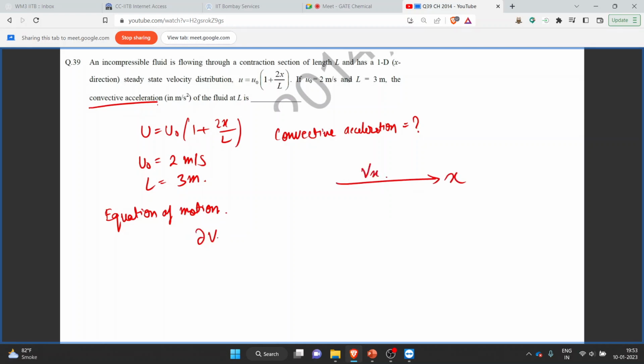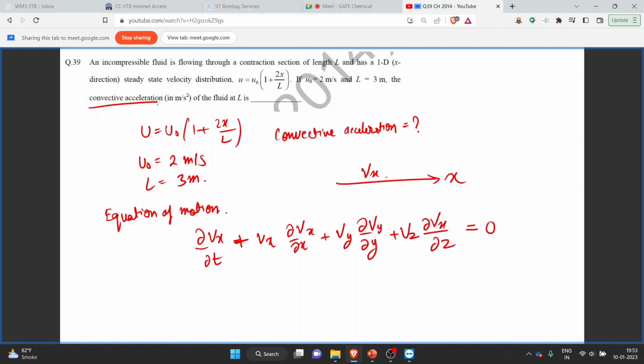We can write it as del Vx upon del t plus Vx del Vx by del x plus Vy del Vx by del y plus Vz del Vx by del z is equal to 0. So the first term in this equation is known as local acceleration.